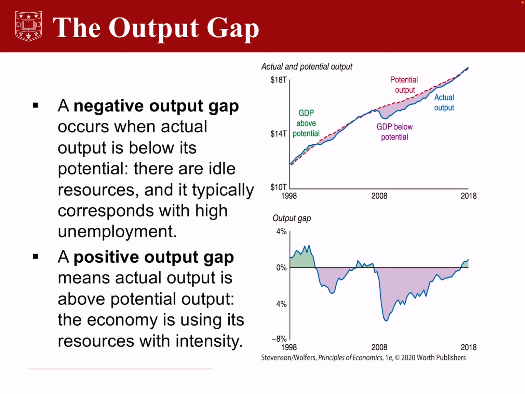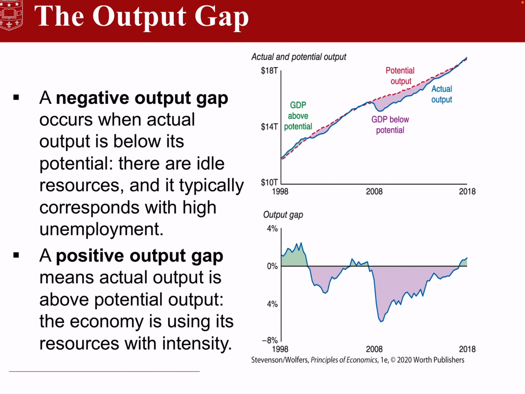So to summarize then, a negative output gap is going to be one in which the actual level of output is below its potential. We think about this as being consistent with there being idle resources, consistent with high unemployment, and specifically cyclical unemployment that is positive.